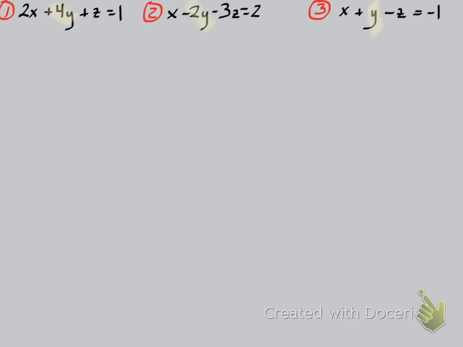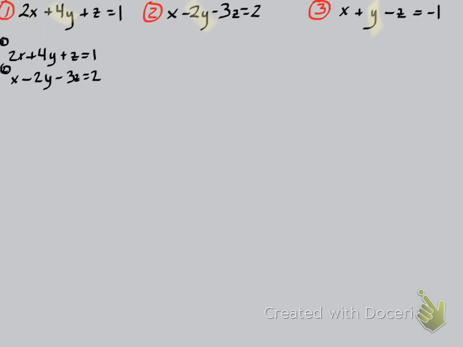And so I'm going to pair the first 2 equations, and I'm going to pair 2x plus 4y plus z equals 1. So that's equation 1. With equation 2, which is x minus 2y minus 3z equals 2.